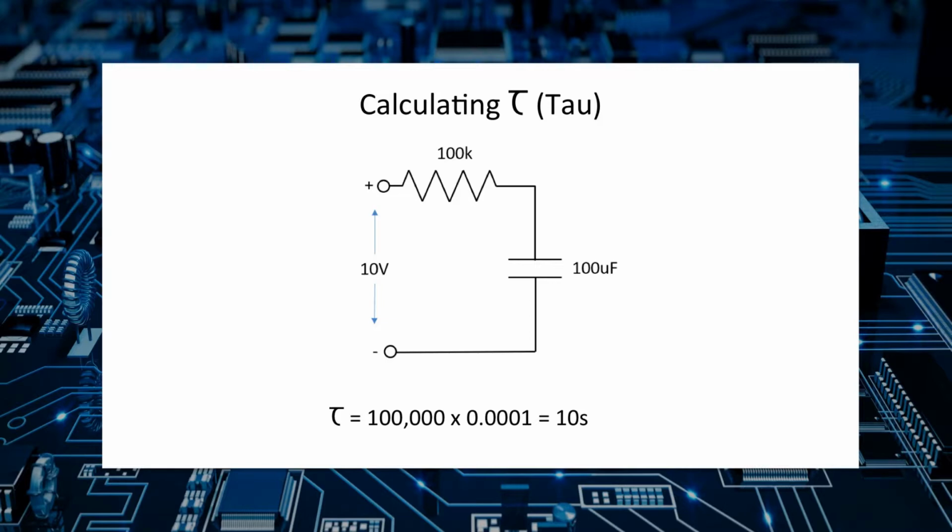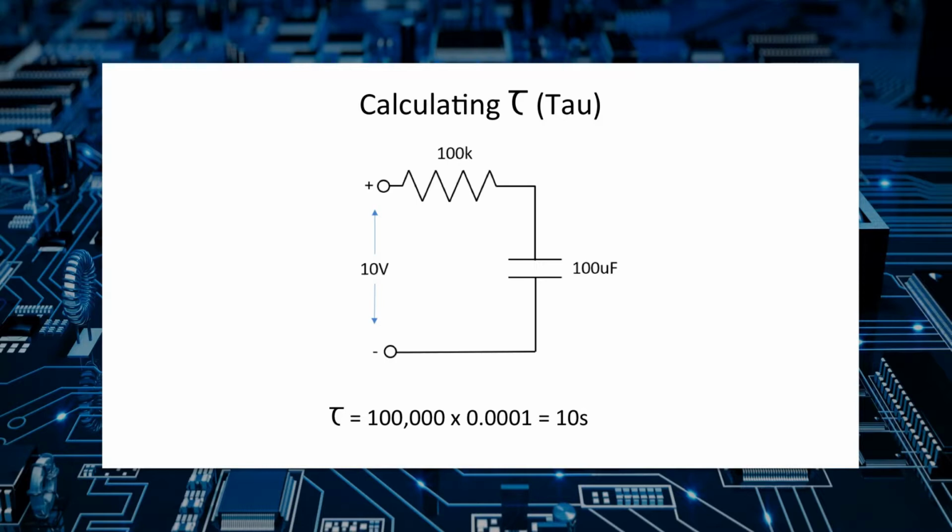So, for example, if we had a 100 microfarad capacitor, which is 100 times 10 to the minus sixth, in series with a 100 k ohm resistor, which is 100 times 10 to the third, then the rate of charge, tau, is equal to 0.0001 farads times 100,000 ohms, which is 10 seconds.